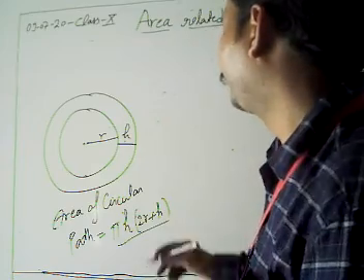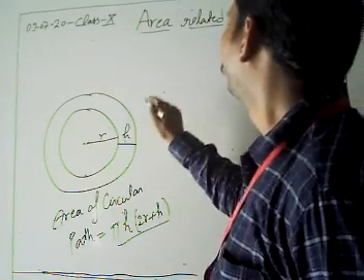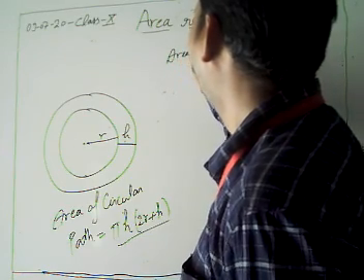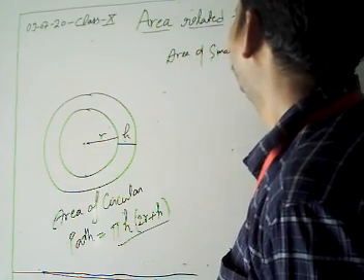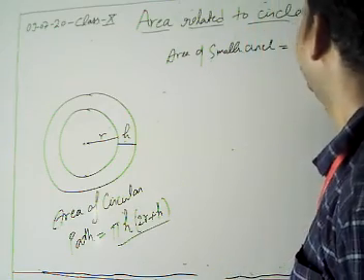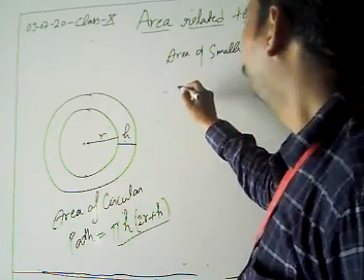The area of the smaller circle, with radius r, is pi r square.